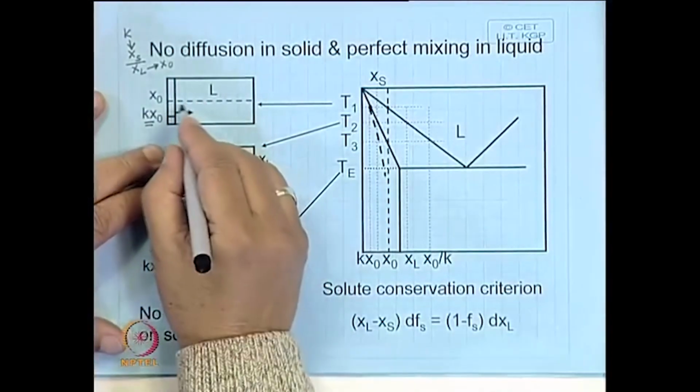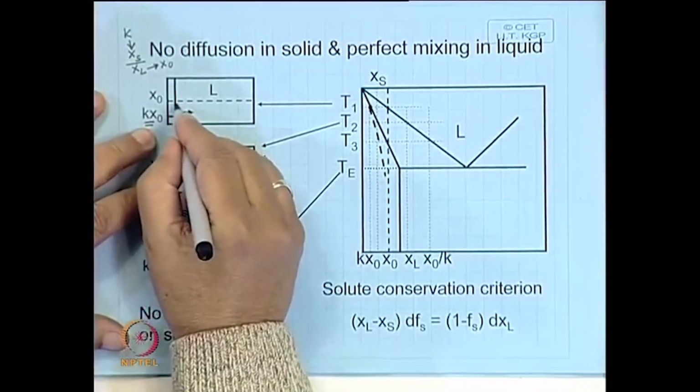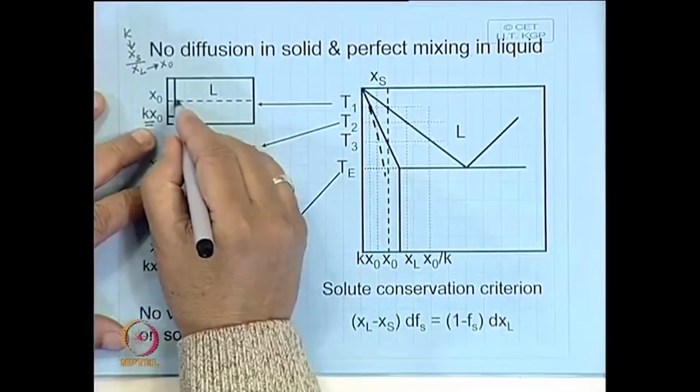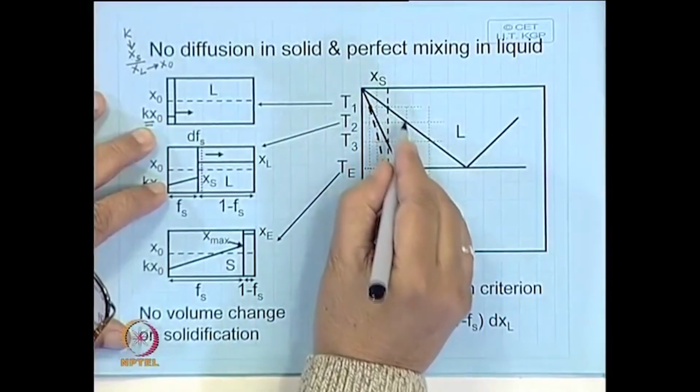and then the liquid, if this much amount is coming out over this range, that liquid will get enriched. So, liquid composition will change along this line.